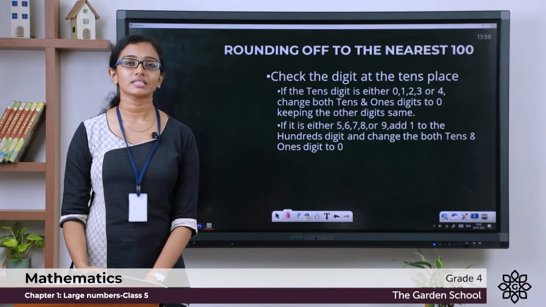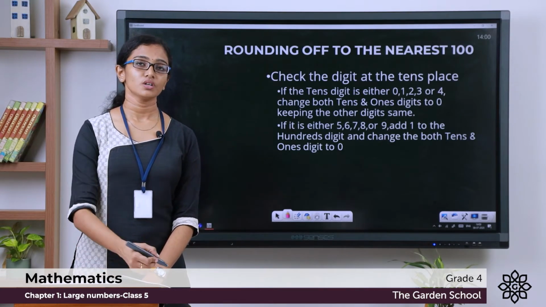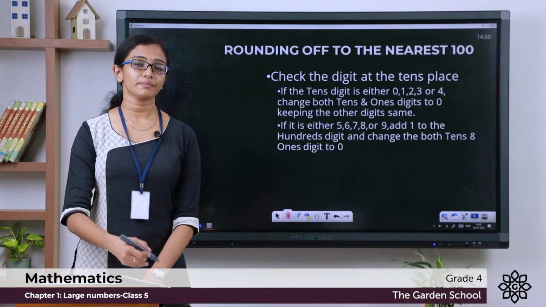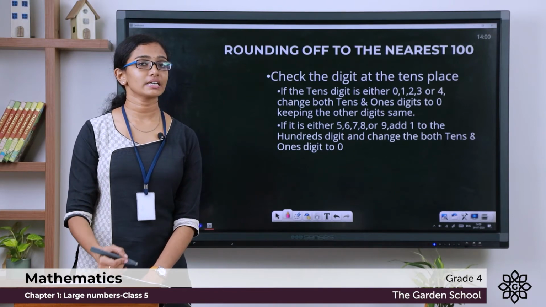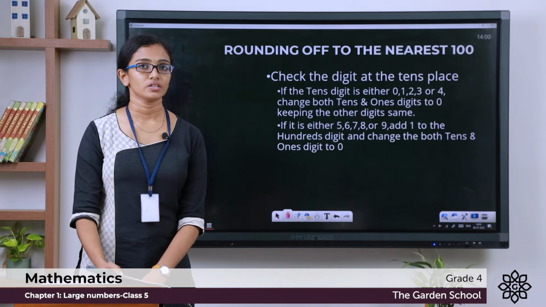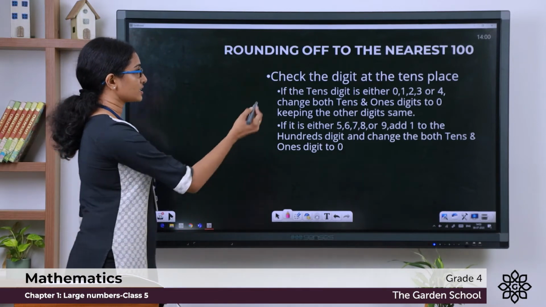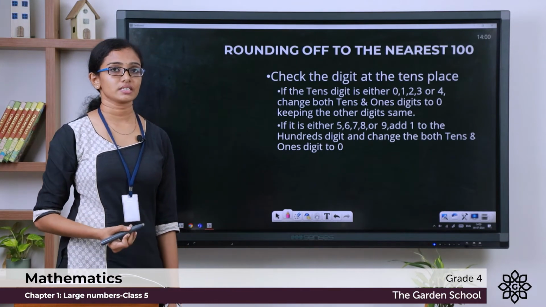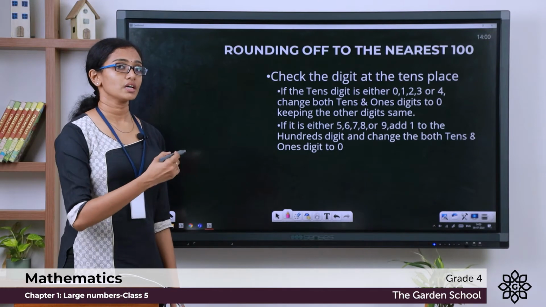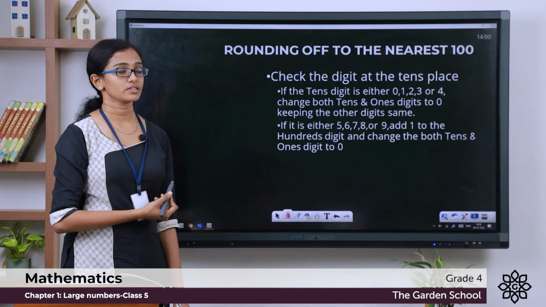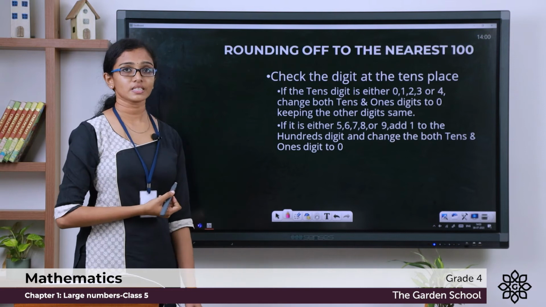Now let's see what are the steps involved in rounding off a number to the nearest 100. It means we are changing the number to the nearest multiple of 100. So in that case, the rounding digit is the hundreds digit. We have to check the digit which is to the right of the rounding digit. So in that case, here it is the tens place.